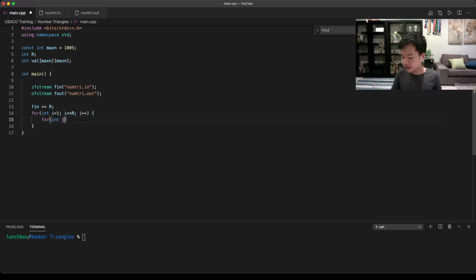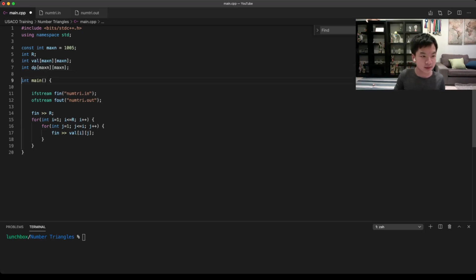And then our j would be equal to 1, and then be less than or equal to i. So then you would just read val of i, j. So now, remember we need our dp value, so it's also max n.